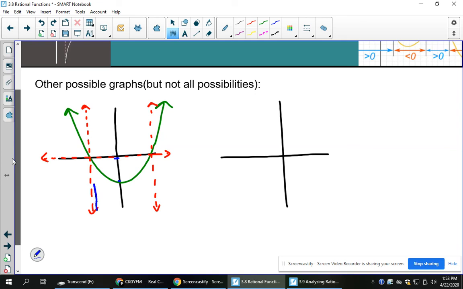What happens is you end up getting this bottom part that looks kind of like an N. In the tail parts, you end up getting that same reciprocal look that we've seen all day. So what I've sketched here in blue is another possibility of a reciprocal graph.